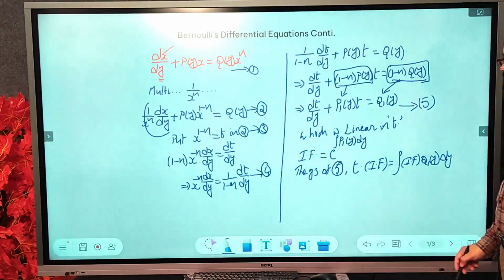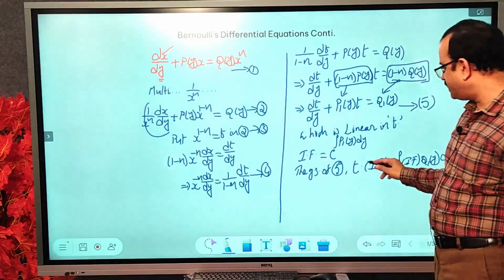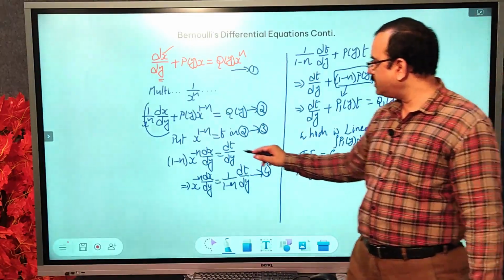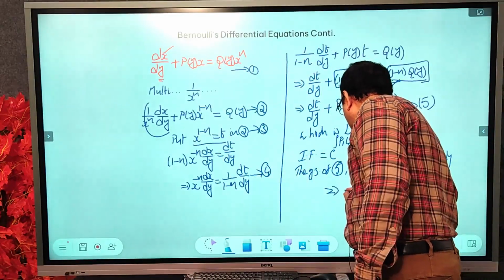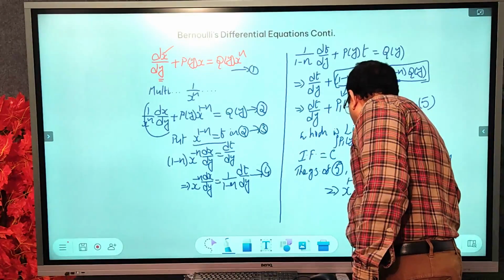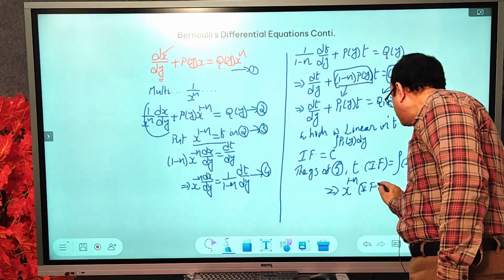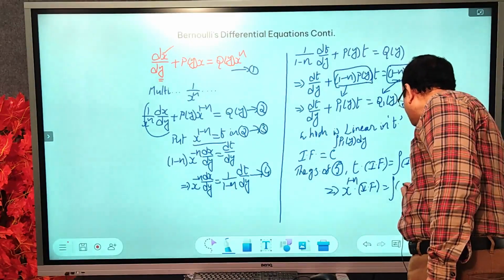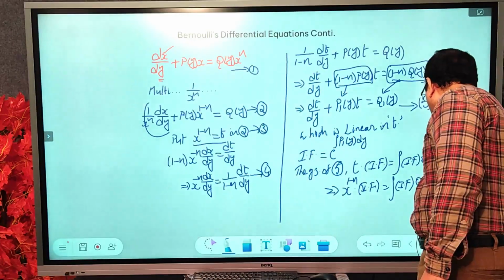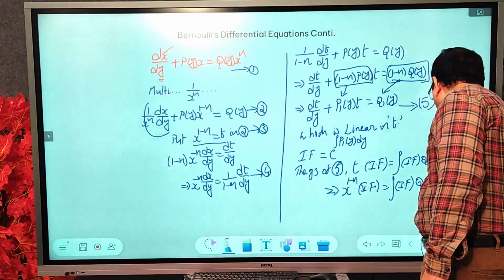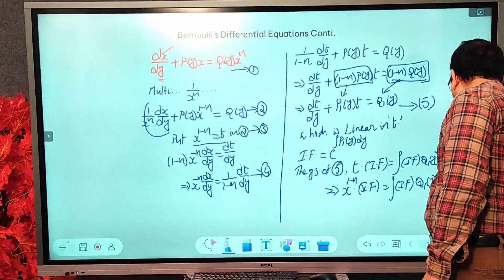This is the general solution of equation 5, but we need the general solution for the given equation, so we have to replace t. Since t is x power 1 minus n, we get x power 1 minus n into integrating factor is equal to integral of integrating factor into q1 of y dy plus c, where c is the arbitrary constant.